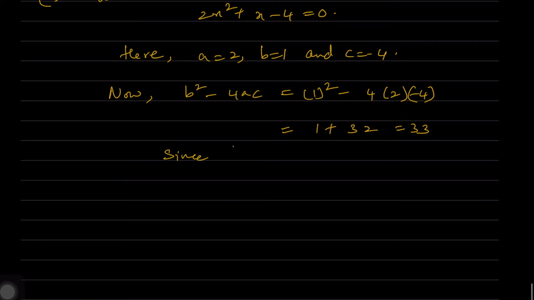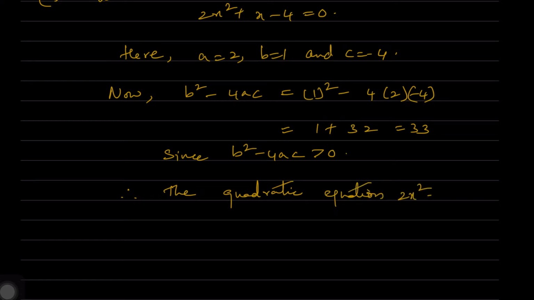Since b square minus 4ac is greater than 0, therefore the quadratic equation 2x square plus x minus 4 is equal to 0 has distinct roots, that is alpha and beta.